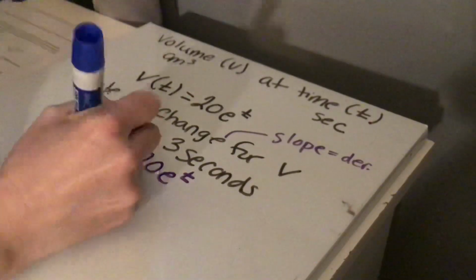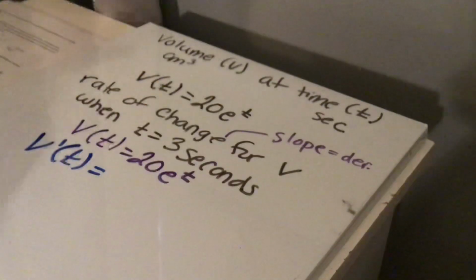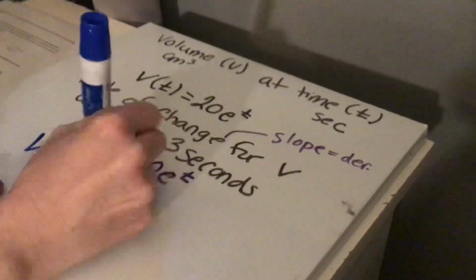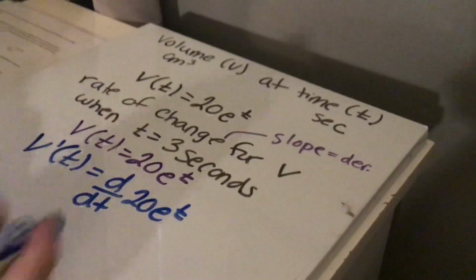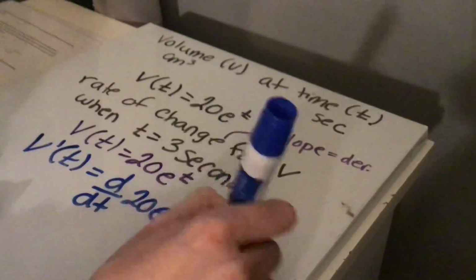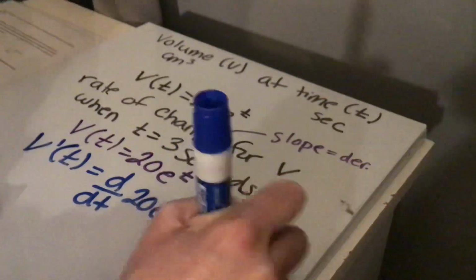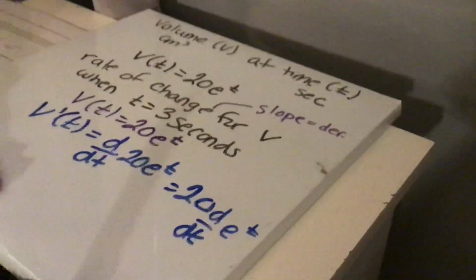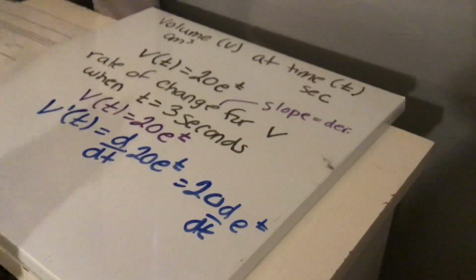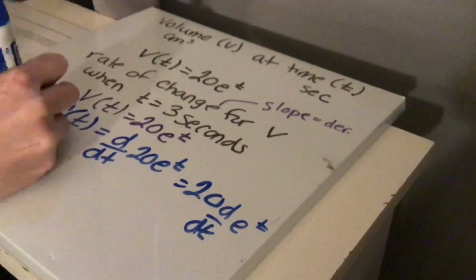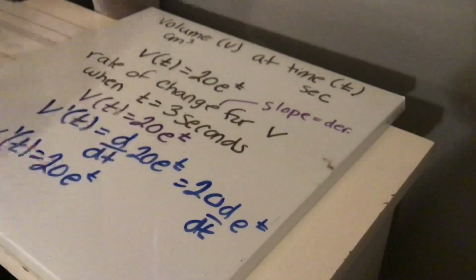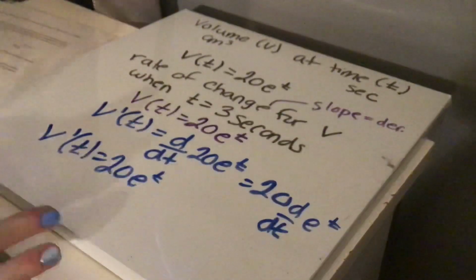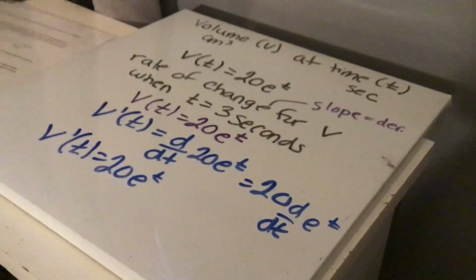We're finding the derivative of 20 e to the t with respect to t. So you pull out that constant, and then you take the derivative of e to the t. We know by shortcut that the derivative of e to the t is e to the t. So the derivative of this function is the same as the original function. So v prime is equal to 20 e to the t.